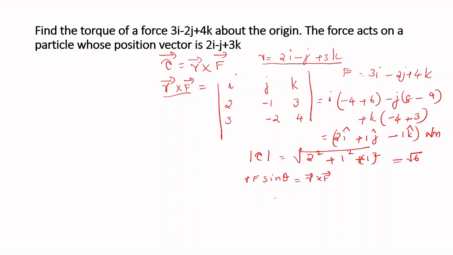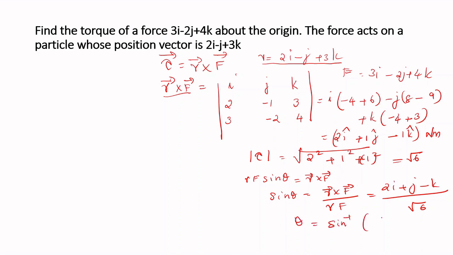So from here sin theta is equal to R cross F divided by R F. So here R cross F is 2i plus j minus k, divided by R F, which is root 6. So theta is equal to sine inverse of (2i plus j minus k) divided by root 6. This will give us the direction of the torque acting.